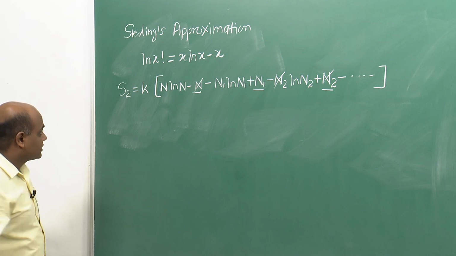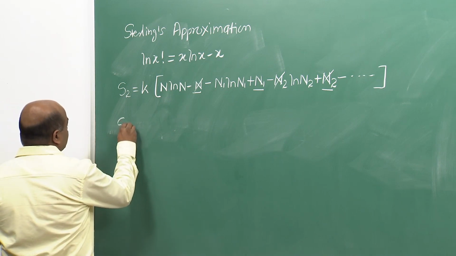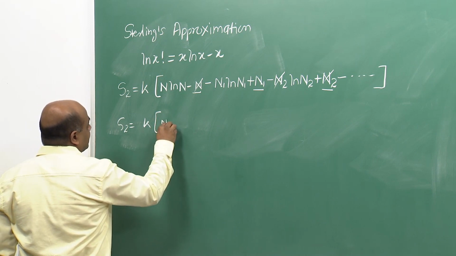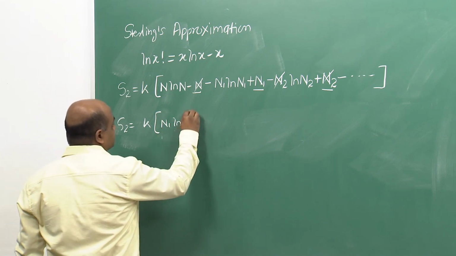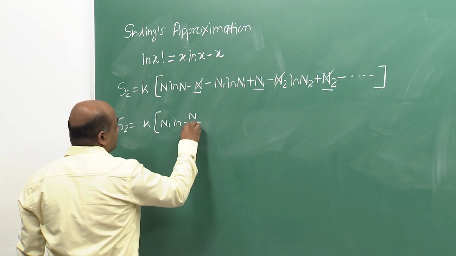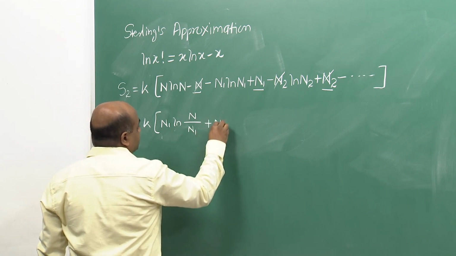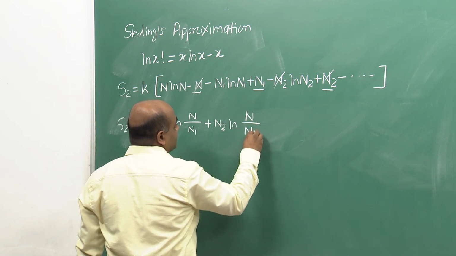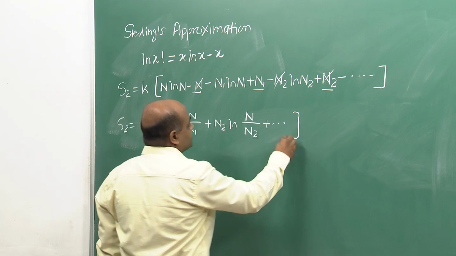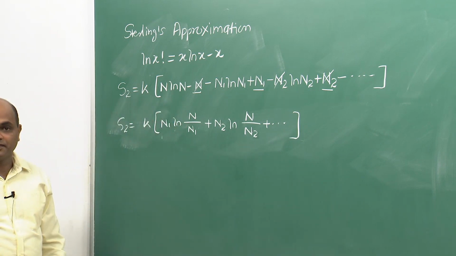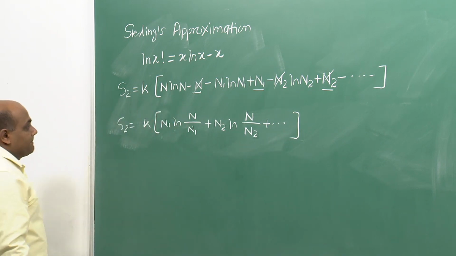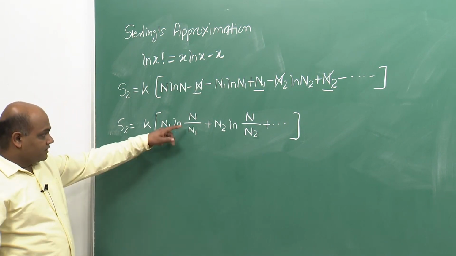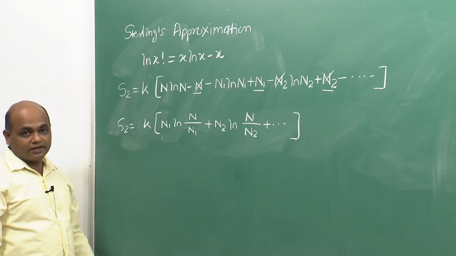So, we can again do the rearrangement, and we get S2 is equal to k times n1 ln n over n1 plus n2 ln n over n2 and so on. Now, if we take the inverse, we can take the negative sign out.